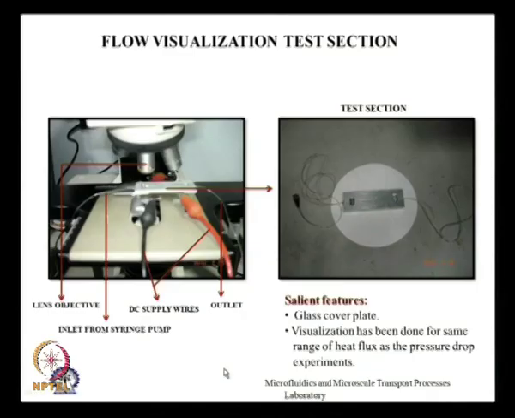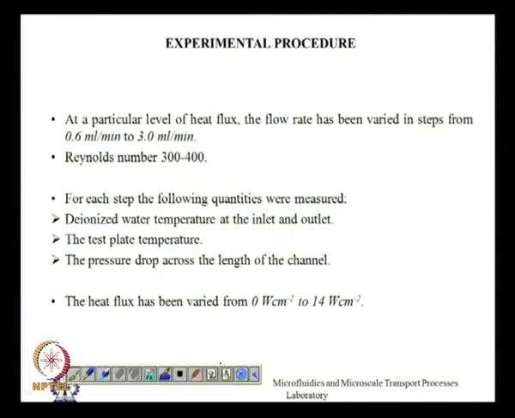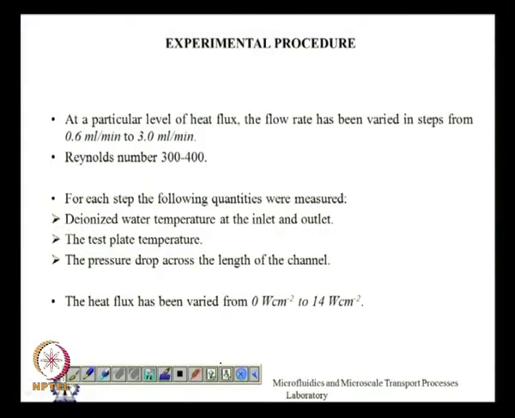So, this is a description of the experimental procedure. You maintain the heat flux and change the flow rate, or you maintain the flow rate and change the heat flux, and at each step you measure the temperature, you measure the pressure drop, and see whether, when you really see bubbles forming at the surface of the walls, you see a drastic change in the pressure drop, which obviously was observed in this case.